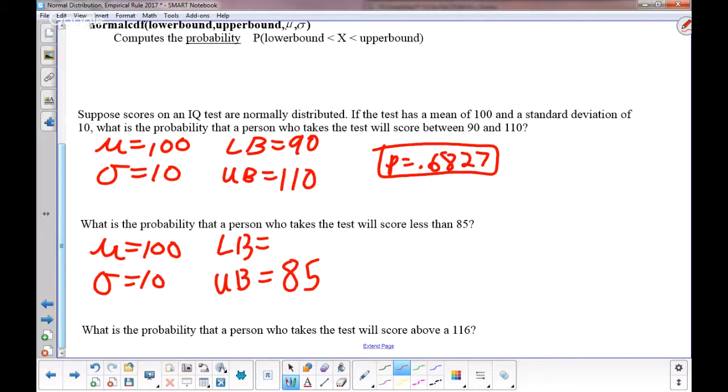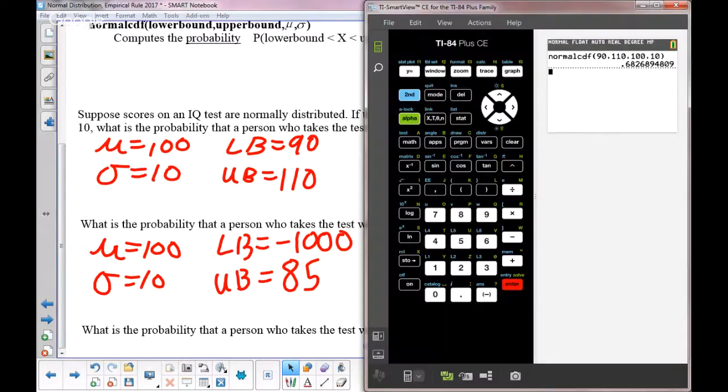And then my lower bound number is going to be something ridiculous. Since we're using 100 and standard deviation 10, I'm going to use like negative 1,000. It's so far away from what we're dealing with. If you want to use like 10,000, 50,000, just depending. If we're dealing with a big mean, big standard deviation, pick a bigger number. Pick like negative 100,000 down there. Get way away from it. But in our case, since we're doing hundreds and tens, we're going to be pretty much away from it.